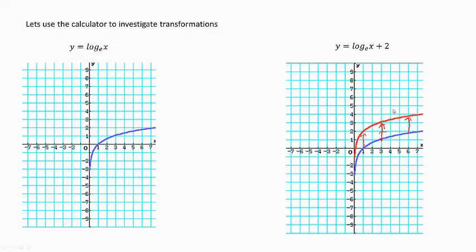So what's happened here, if this is our original x, y point, on the second graph the x has stayed the same, it's y plus 2. So that's our transformation. Every point on the graph has moved up 2 places.